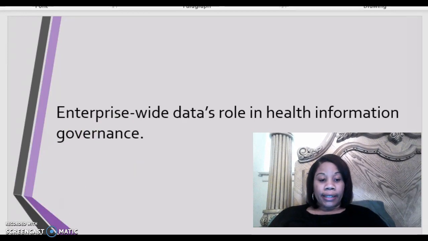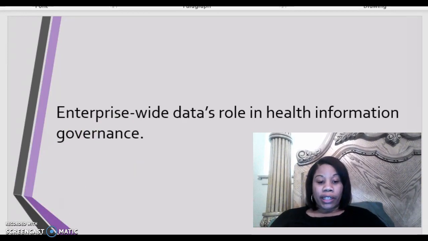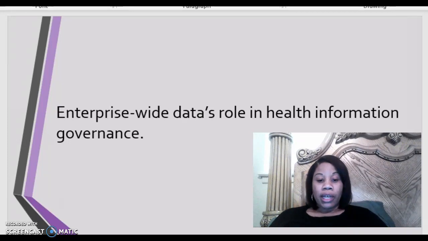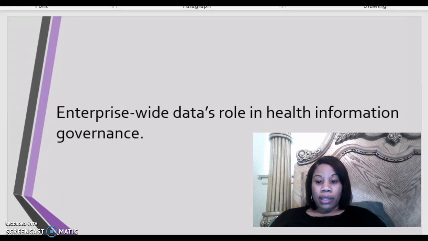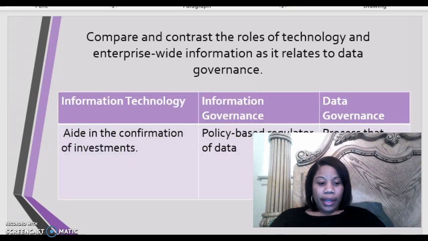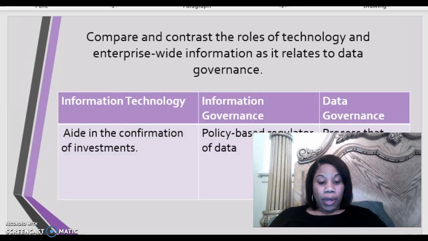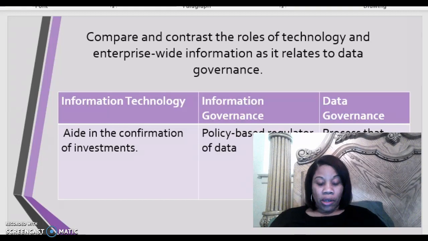Enterprise-wide data is a wide-ranging software bundle that supports establishments' workflow and aids in the daily workflow by helping it to work smarter and use the simplest process. Information governance is a policy-based regulator of data to meet all legal, regulatory, risk, and business demands.